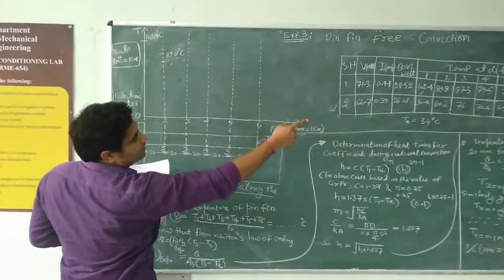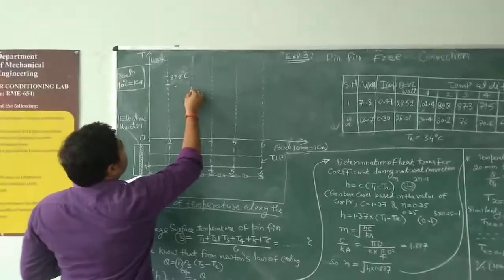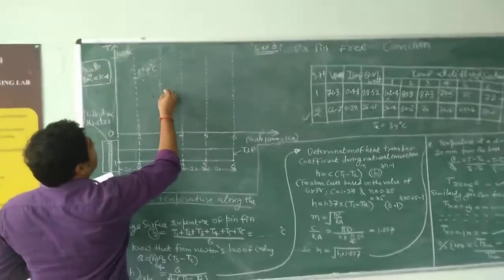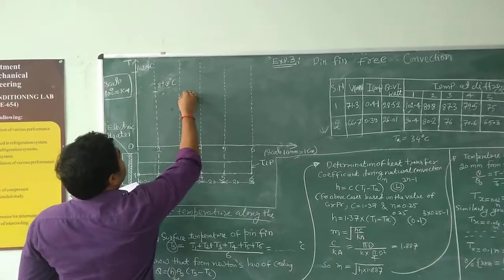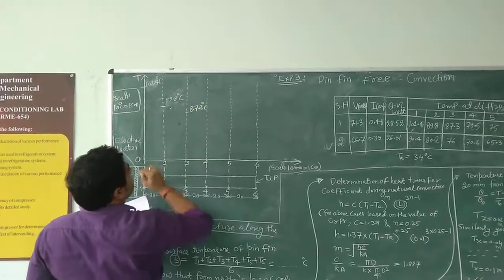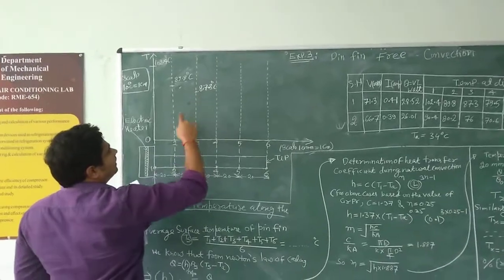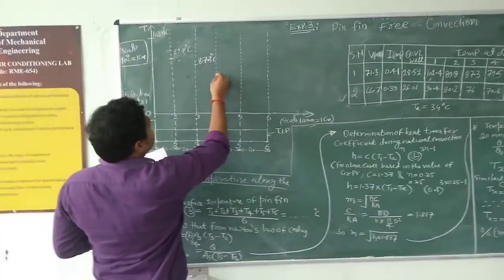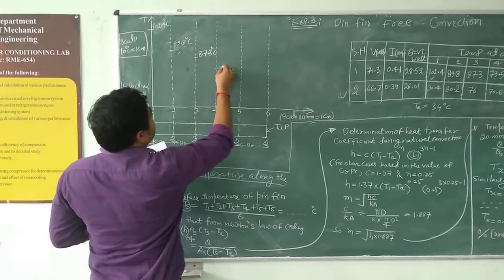Next, temperature T3 is 87.3 degrees Celsius, and you cut a length of 8.73 centimeters. Next, temperature T4 represents 79.5 degrees Celsius, so cut a length of 7.95 centimeters.